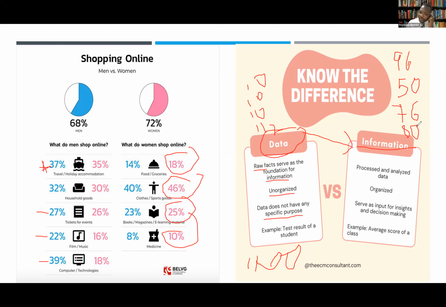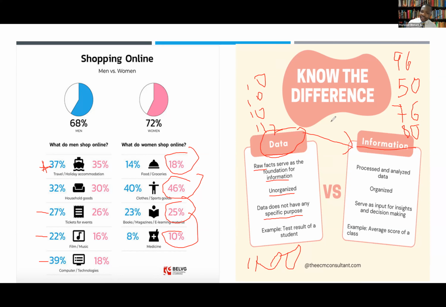It's just the numbers. But when we add them together and get the average, which is adding these numbers and dividing by how many numbers there are, now it starts to mean something.